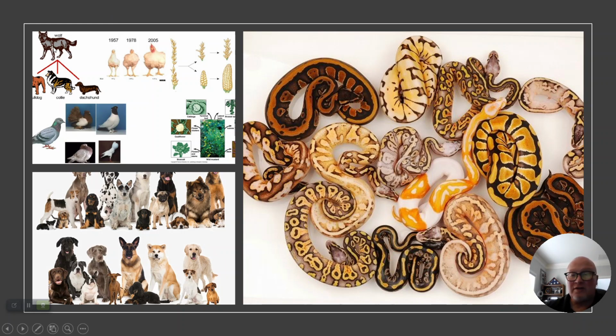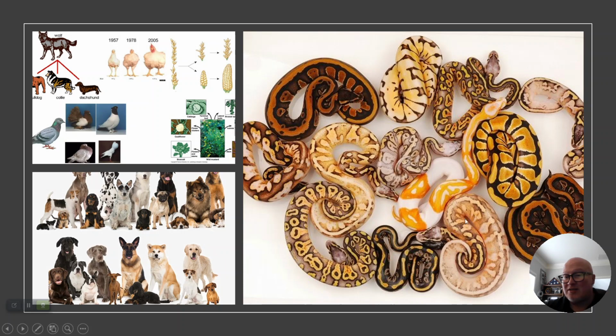A wolf gave rise to every form of dog, whether we're talking about a Dachshund, a Poodle, or a Great Dane. They all have the same wolf genes. It's just some selective breeding that gets these different shapes and sizes. They're all the same species. And see, here are all of these dogs right here.